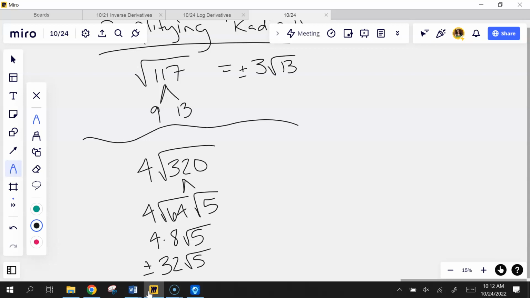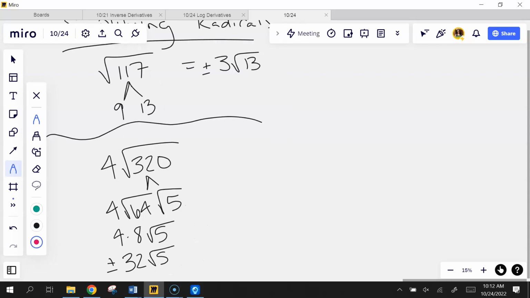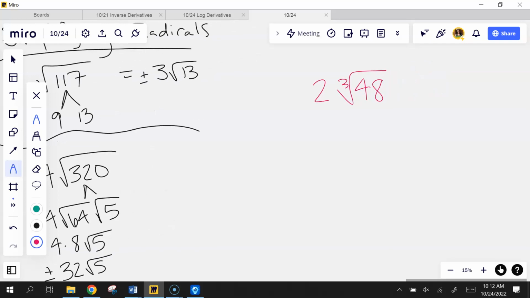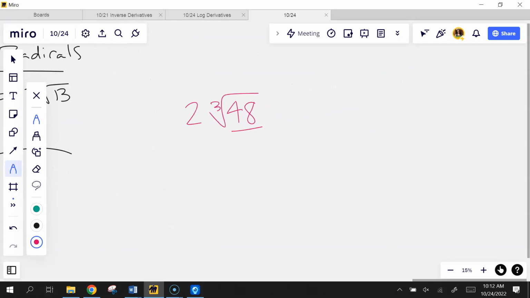So what if I had... This time, as I simplify, I'm looking for perfect cubes, right? So what are perfect cubes?